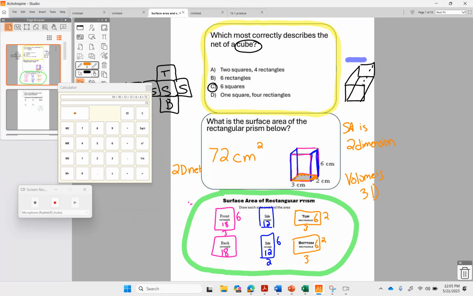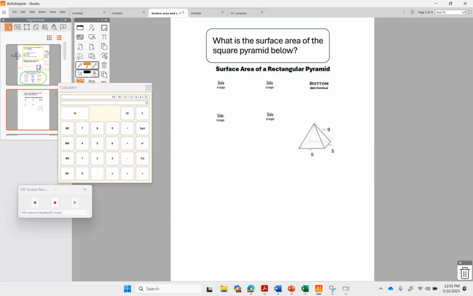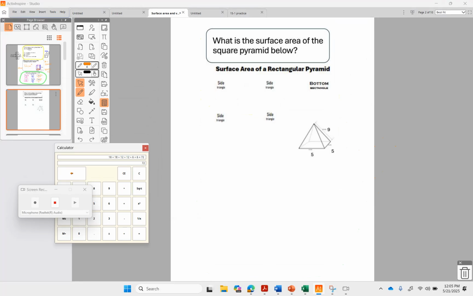Next problem. So as I've said earlier, let's do it this way. Your test isn't yellow, but this is the question on the test. The test will just say, what is the surface area of the pyramid below? And there'll be a pyramid.